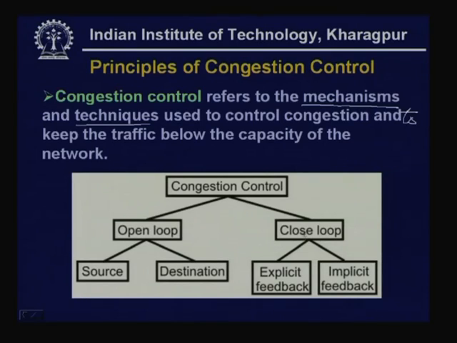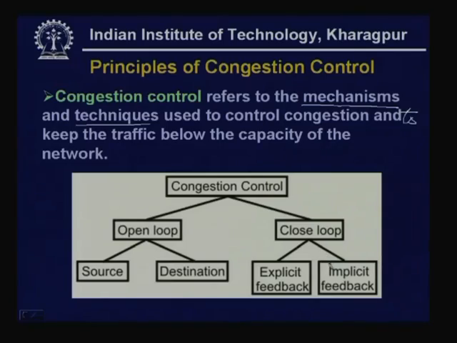Then under the category of closed loop, we have two different types. As we know, in the closed loop case, there is some kind of feedback. The network is monitored and it checks whether control has taken place or not, which is not done in the open loop case. There is some way of checking the status of the network, whether it is congested, how much congested, and so on.